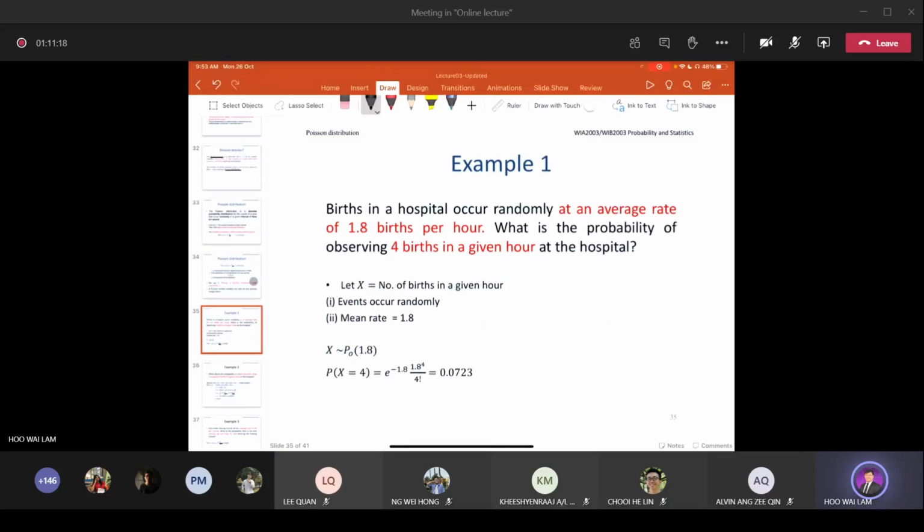So, example 1. Births in the hospital occur randomly at an average rate of 1.8 births per hour. So what is the probability of observing 4 births in a given hour at the hospital? You notice that the rate gives you decimal points.